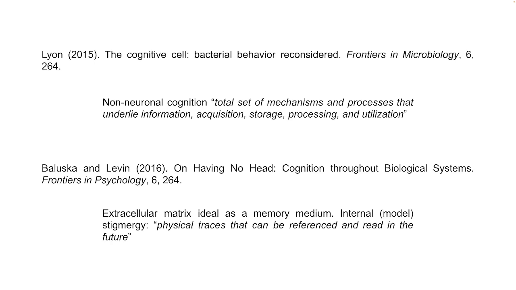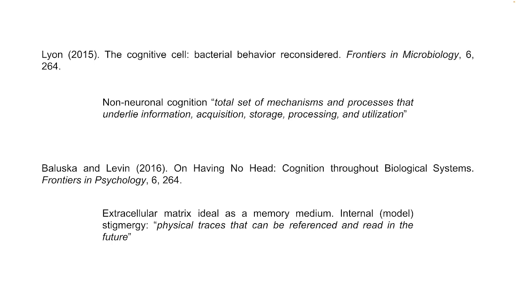So there are a number of papers that discuss the idea of non-neuronal cognition. And so we can think of cognition as this information processing mechanism, or this information processing capacity that doesn't necessarily rely on a brain. It relies on complexity, biological complexity, and it relies on different mechanisms for information processing. So in this paper by Lyon in 2015, The Cognitive Cell: Bacterial Behavior Reconsidered, they consider bacterial behavior, and bacteria also do not have a brain, as non-neuronal cognition.